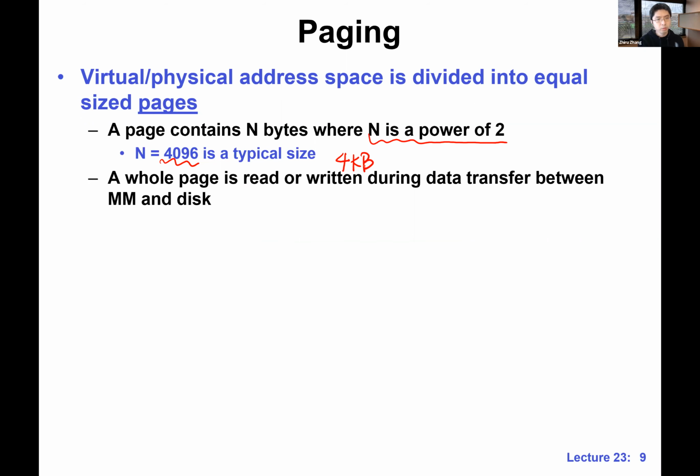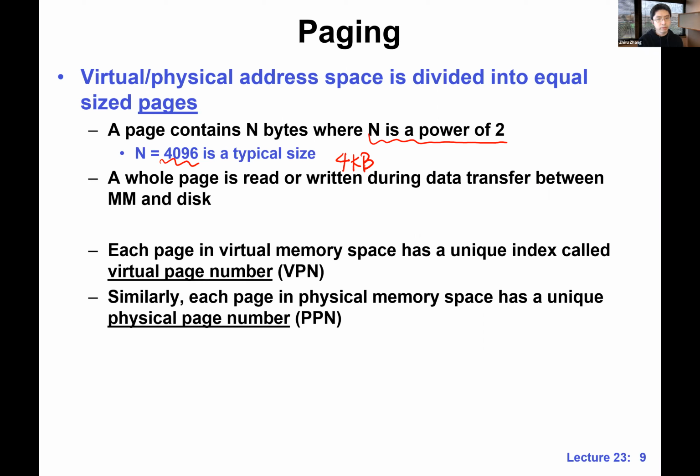And we want to read the whole page in and out. Why is that? What kind of locality are we exploiting? Spatial, mostly spatial. Same thing here, just like a cache. We want to read the whole block because most likely the data nearby will be used as well. So that's the size of the page, usually 4 kilobytes.